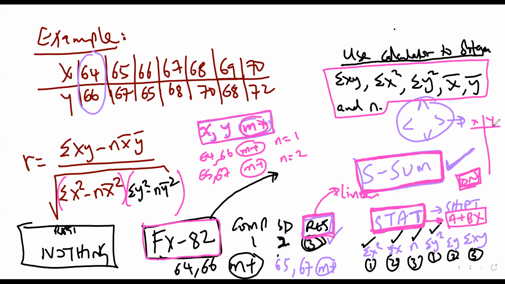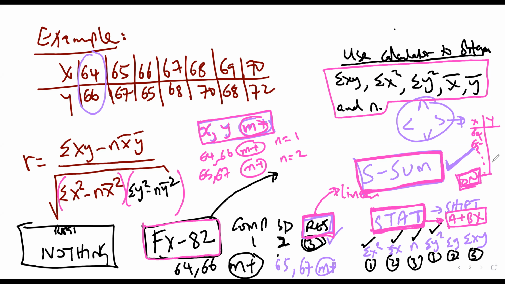You can start by keying the values of X. Once you type the given value, you press equal sign. For example, you press 64 equal sign, then you'll see 64 come up here. 65 equal sign, you will see 65 come up here, all the way up to the last one.